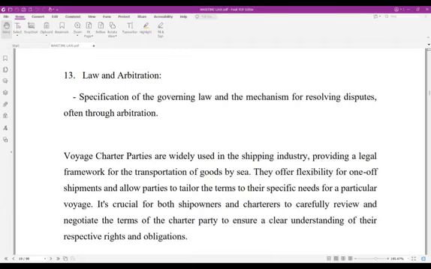It is crucial for both ship owners and charterers to carefully review and negotiate terms of the charter party to ensure a clear understanding of their respective rights and obligations.